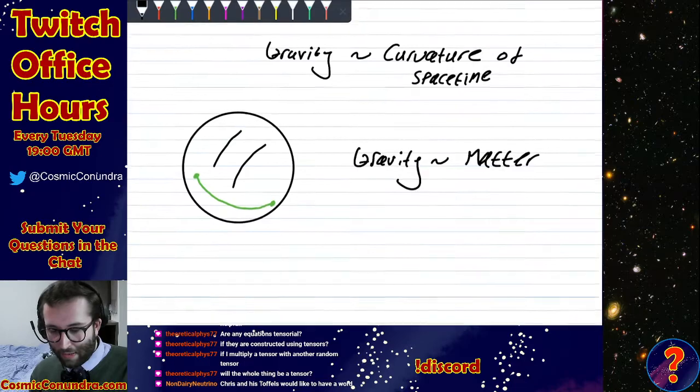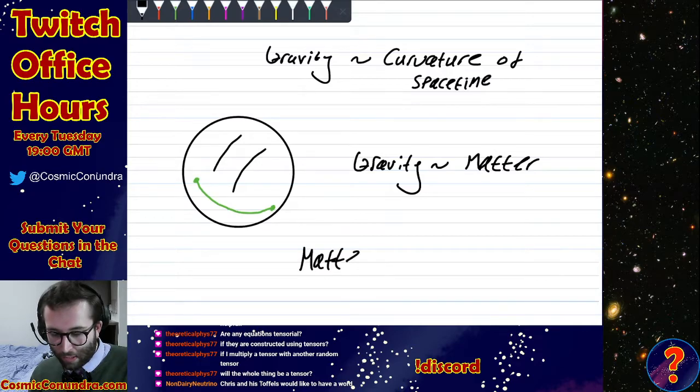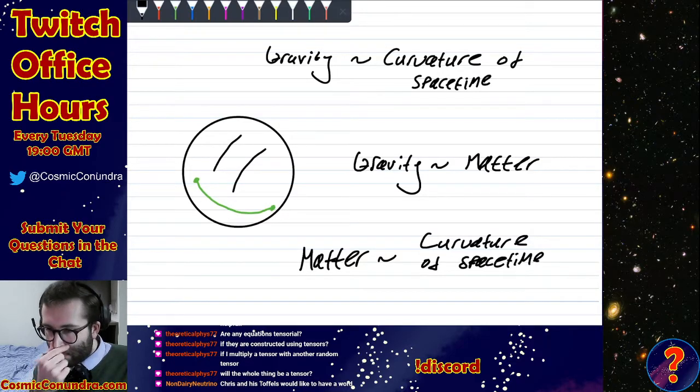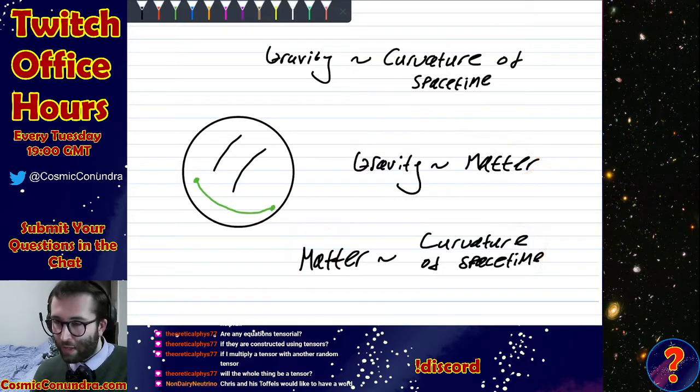Okay, so this allows us to now equate these two parts here to get an even more important schematic equation: matter should roughly be related to curvature of space-time. That was an important thing I should have mentioned earlier, this second part here. So matter should be related to curvature of space-time in what we've argued.